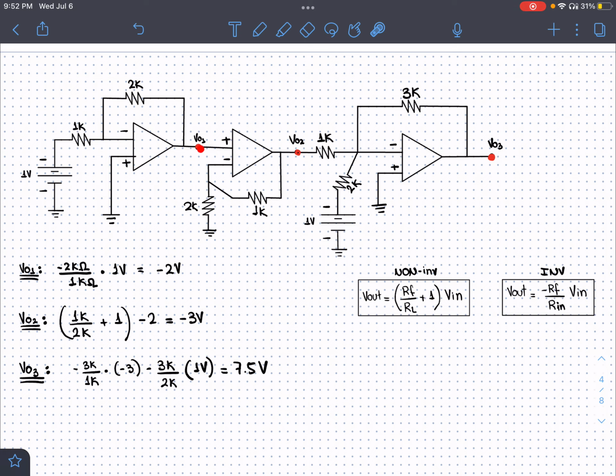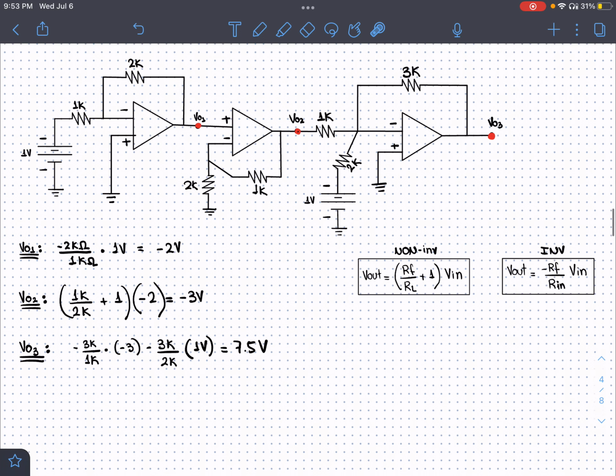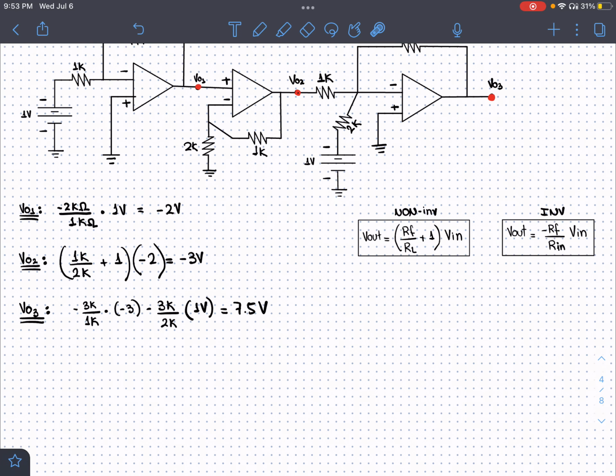This is the voltage that we're giving to the positive pin in a non-inverting op-amp, and this will be negative 2. Here, this is actually a multiplication, and it will give us negative 3. Now the third one: negative 3 will be the output here.